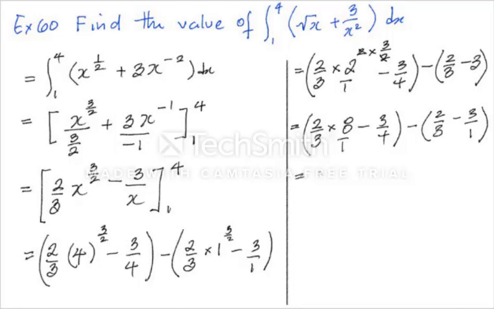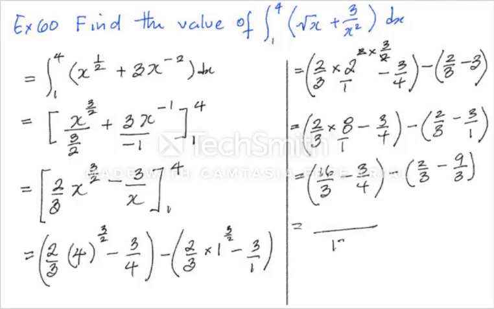So now I have 16 over 3 minus 3 over 4 minus 2 over 3 minus 9 over 3. 12.